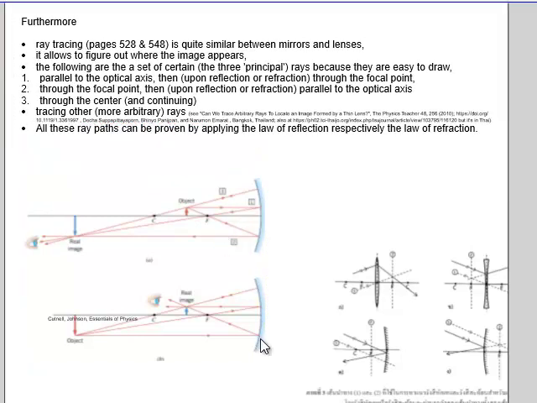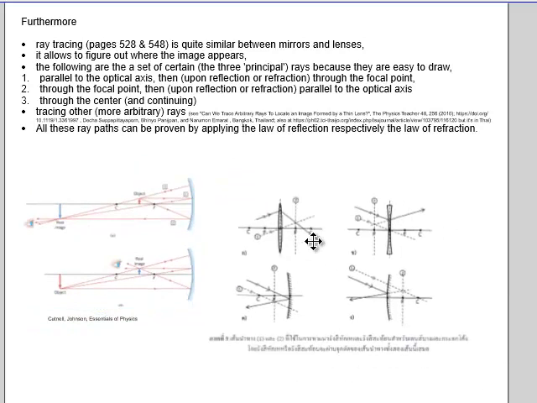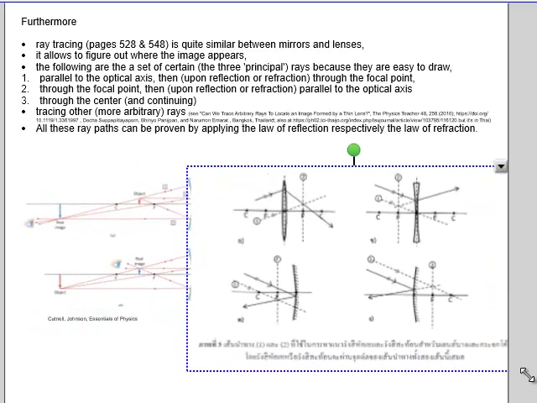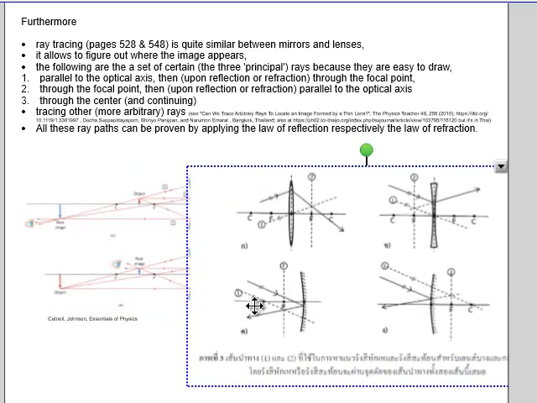It can be done in a different way. This one here is from a paper that was submitted to Physics Teacher from professors in Thailand. That's why you have it down here in Thai. They were saying you could use other rays as well, you just have to do more work, such as this ray here that is neither going through the focal point nor parallel.